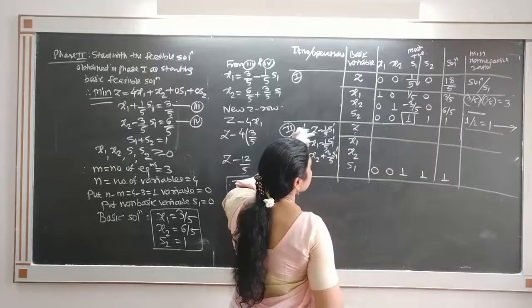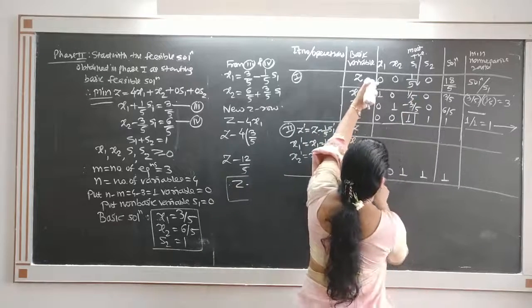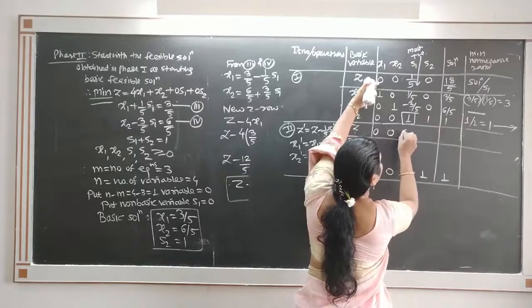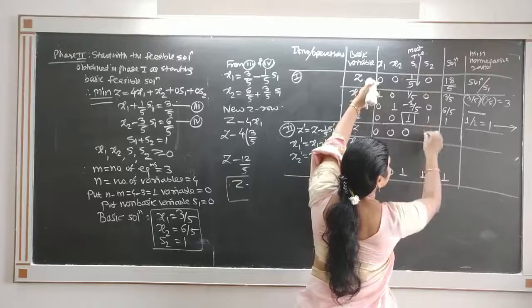So firstly, Z minus 1 by 5 of this row. Z minus 1 by 5. 1 by 5 minus 1 by 5, 0.